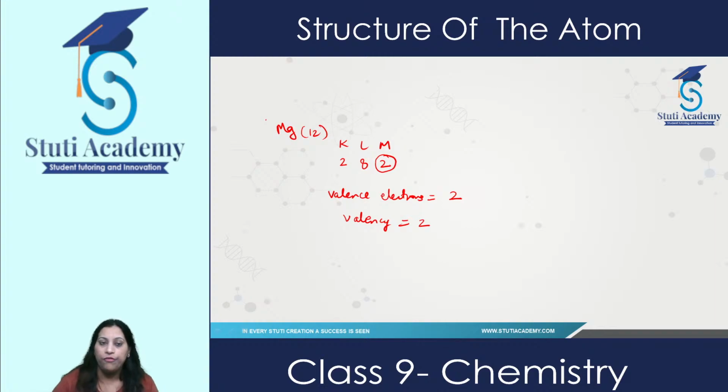Now I'm giving you a few questions, and tell me their electronic configuration, valence electrons and valency. Okay. Now I'll give you chlorine, then potassium, and sodium, oxygen, and nitrogen.